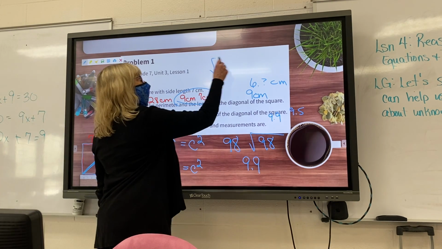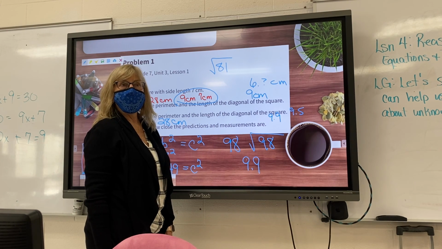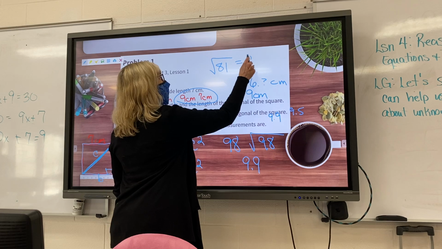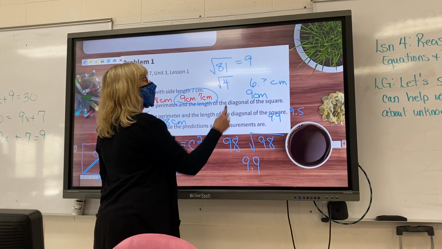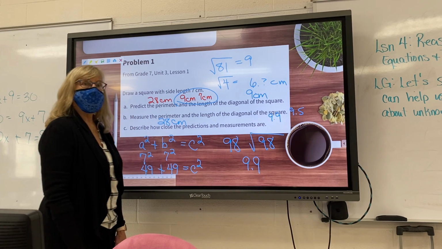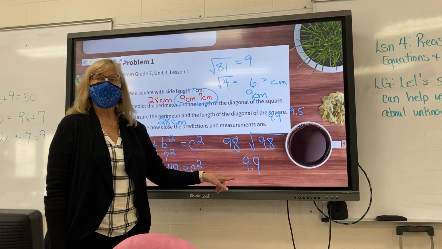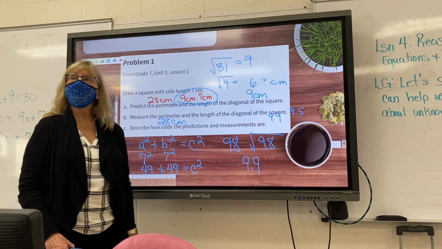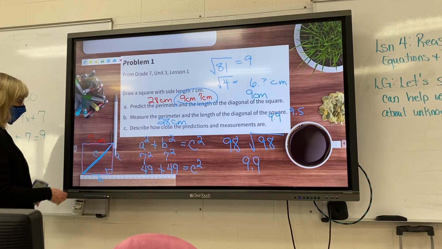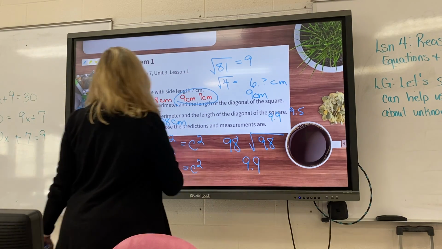So the square root of 81 is, what times what equals 81? 9. The square root of 4 is 2. Square root of 9 is 3. Yep, it undoes it. Now, this isn't a perfect square, so we end up estimating. All right, there you go. You just learned some 8th grade math.